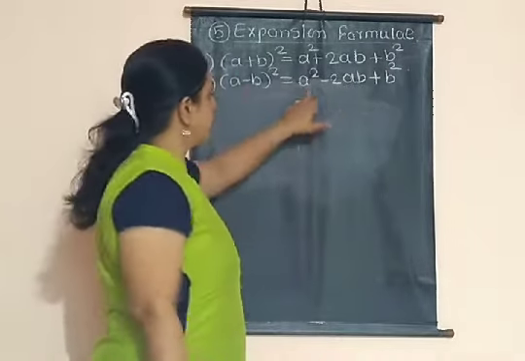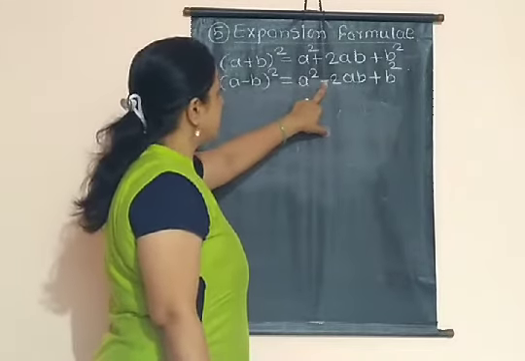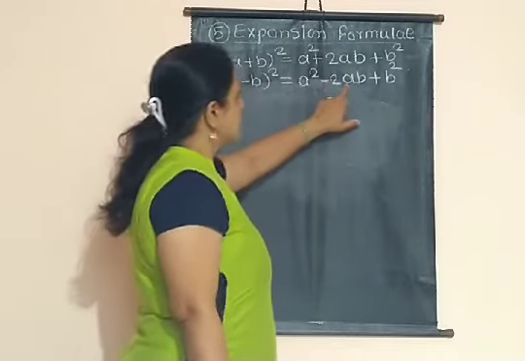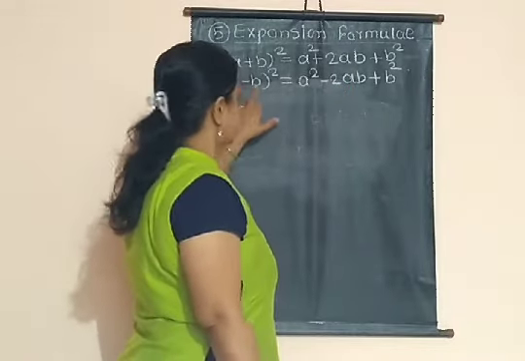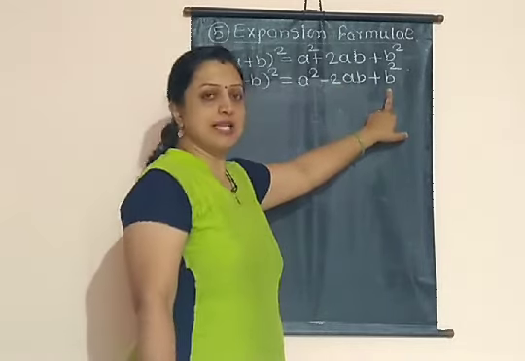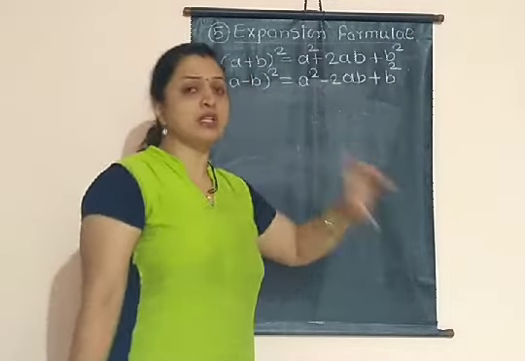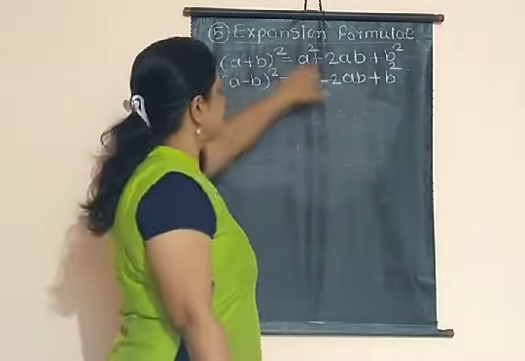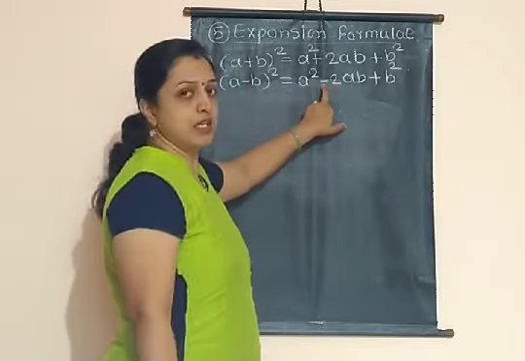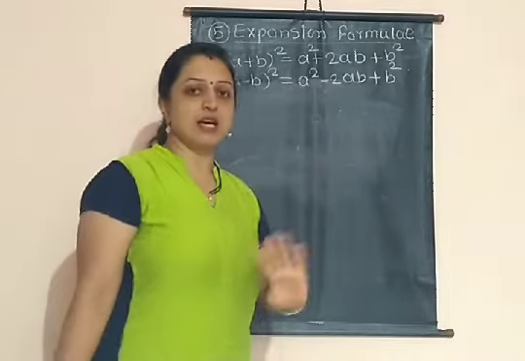First the square of the first term, then a minus sign because there is a minus sign here, then the product of the first and second terms multiplied by 2, plus the square of the second term. Remember, these two formulas are the same; the only difference is that where there is a plus sign we take plus, and where there is a minus sign we take minus.